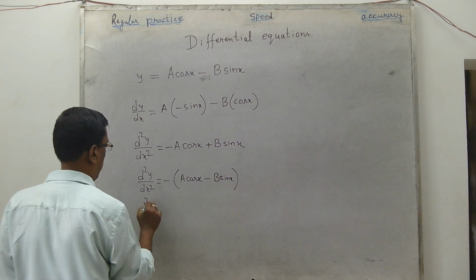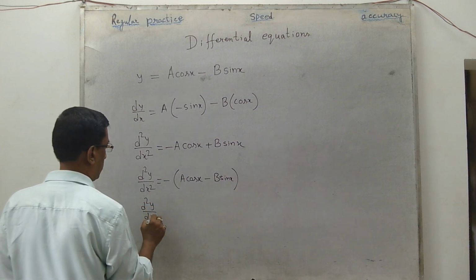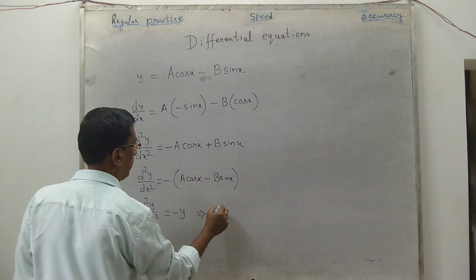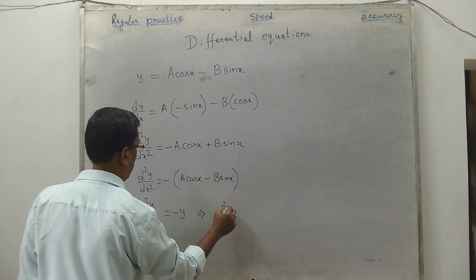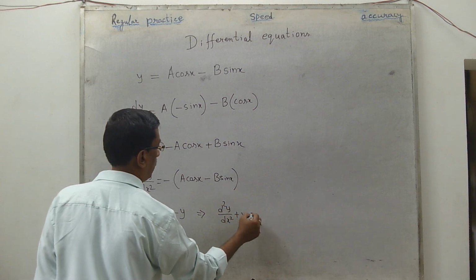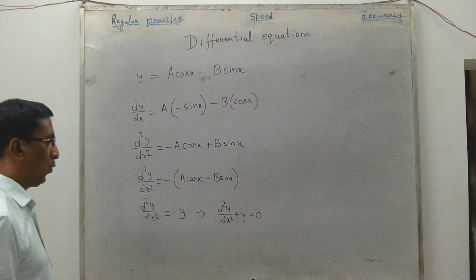So d square y by dx square equals minus y. Ultimately we have d square y by dx square plus y equals 0.